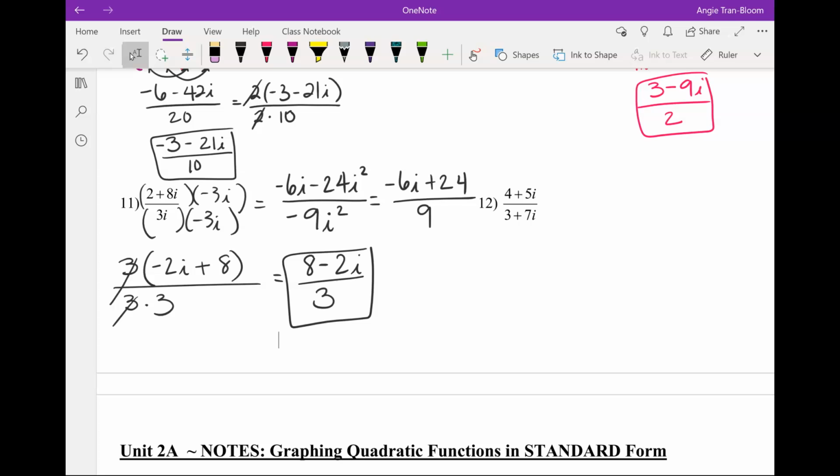3 times 3 is not 6. And 7i times 7i is not 14i. What's 7 times 7? 14? And then what's i times i?